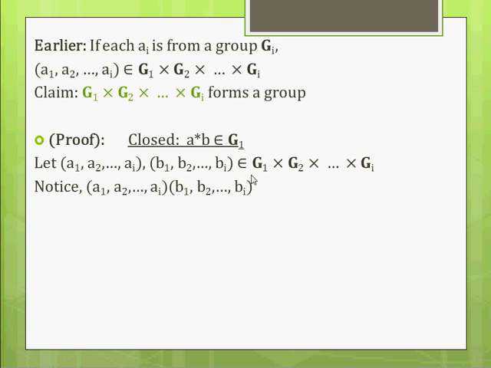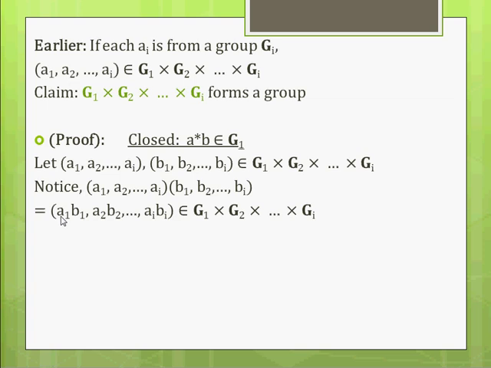by the way, we're talking about products. These are direct products. So our operation is multiplication. And the way we do multiplication for direct products is by components. So when we compute this product, we multiply the components.